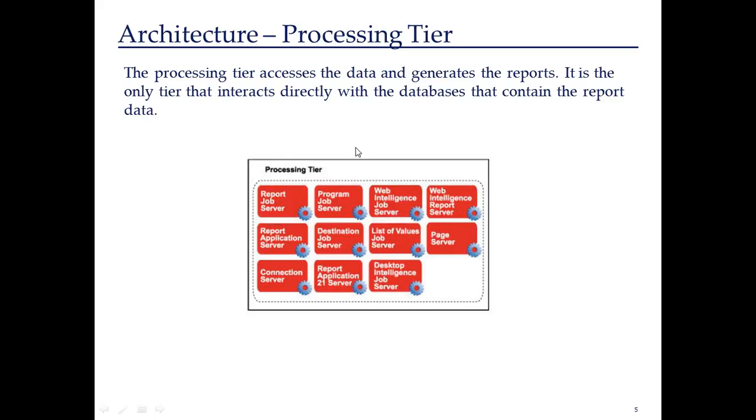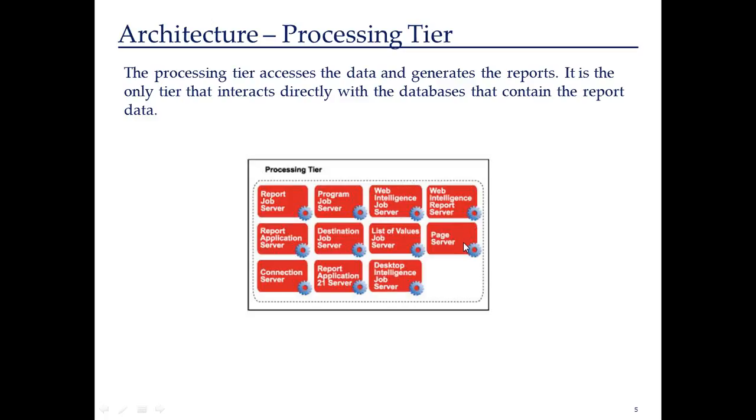If it is not available, the cache server sends that message to the page server. The page server sends that message to the connection server. The connection server is the one that hits the backend database connection and gets the data into your page server.